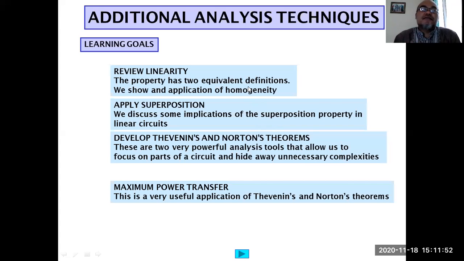So we do not need to solve the whole circuit. We can replace the rest of the circuit with an equivalent voltage source and resistor or current source and resistor. Then finally we will learn about maximum power transfer.